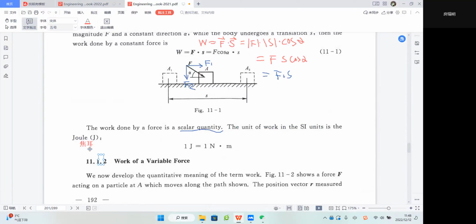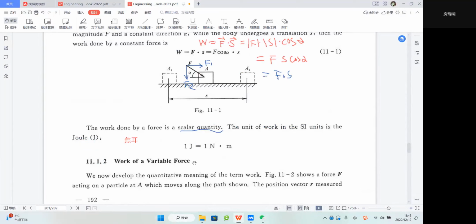The Chinese call this joule. So one joule means a force with magnitude 1 newton lets the body move along its direction 1 meter, right? So 1 joule equals 1 newton times 1 meter.